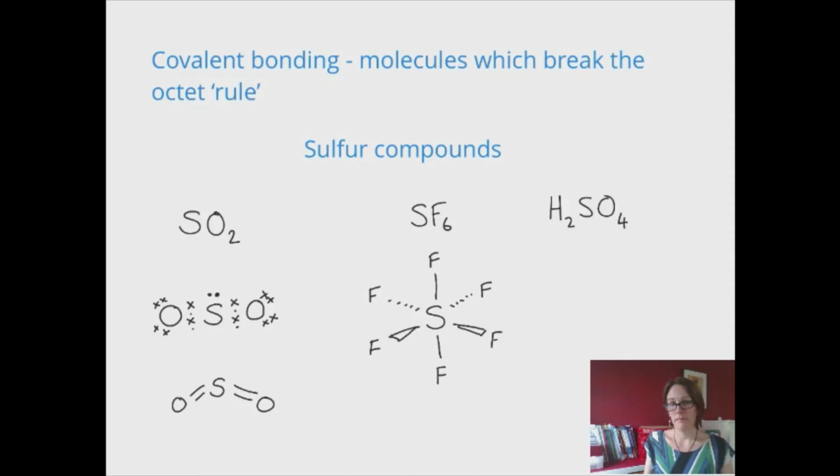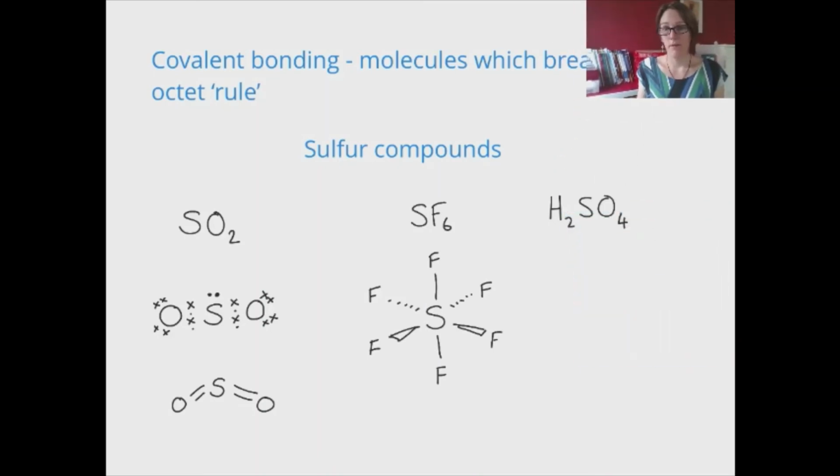So octahedral arrangement, 4 around the middle 90 degrees apart, and then the 2 above and below 180 degrees apart. And there are no lone pairs because sulfur has 6 electrons. It shares 1 with each fluorine, giving the fluorine a full outer shell. So my sulfur now has 12 electrons in its outer shell. Seems like rather a lot, and it is the maximum that sulfur can have.